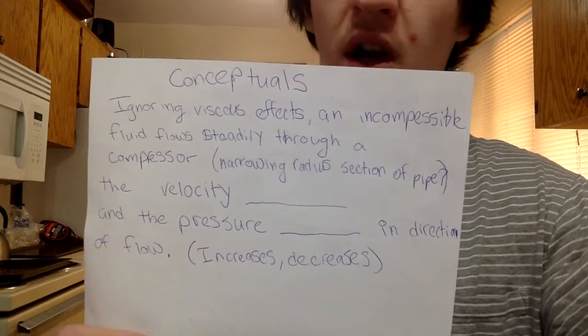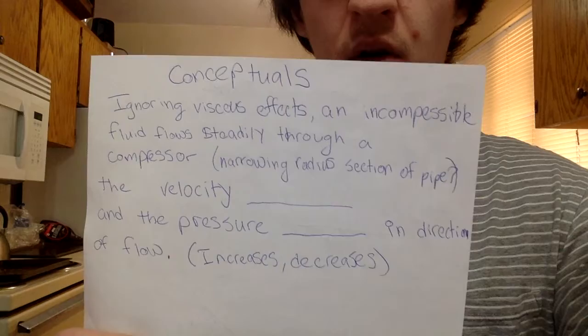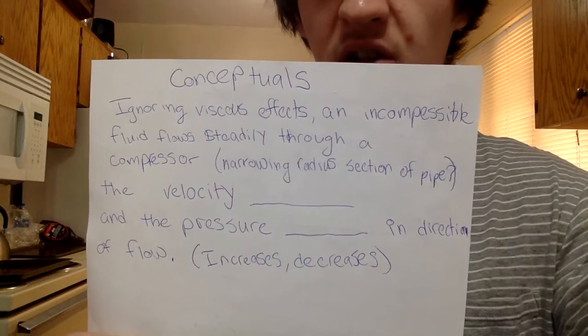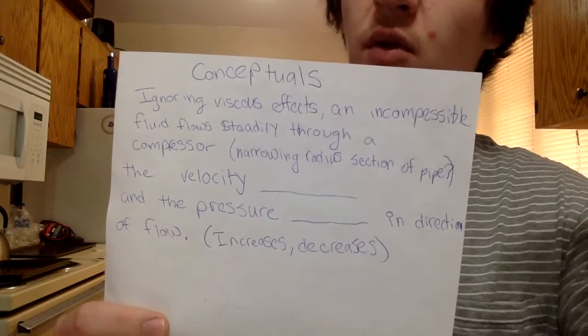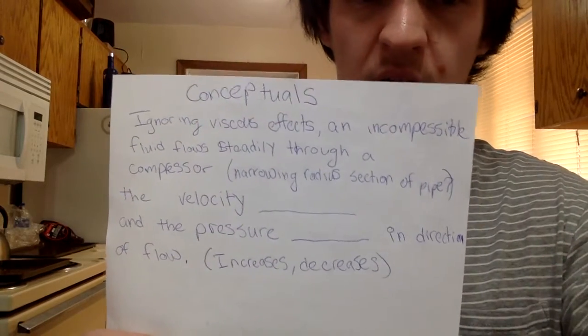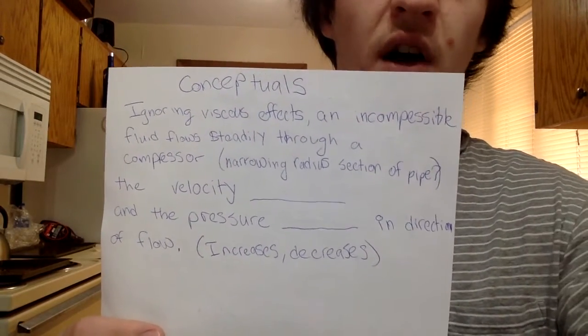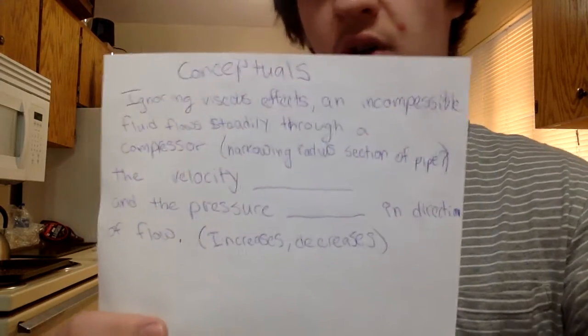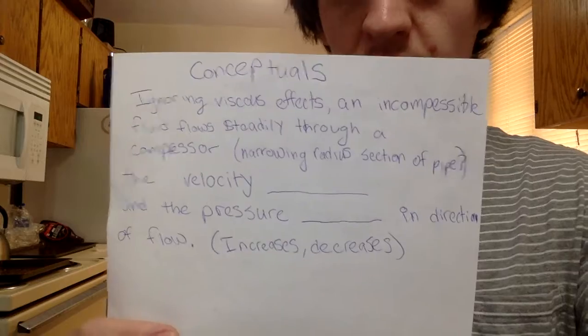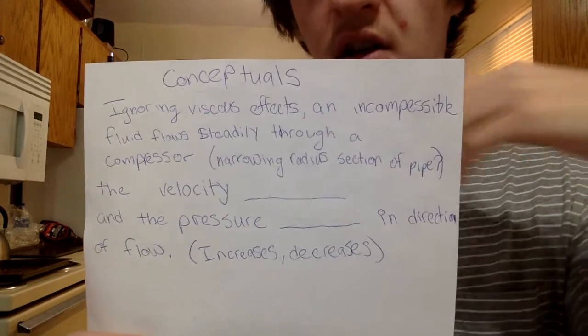Then the compressor has a narrow radius on the out section, so when you divide the same volumetric flow rate by a lot smaller area, you get a lot higher velocity.